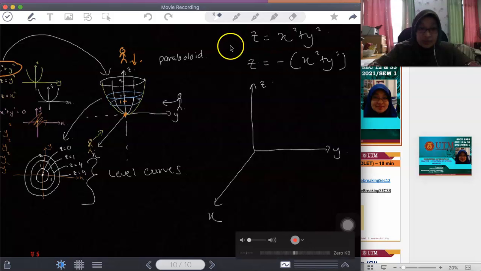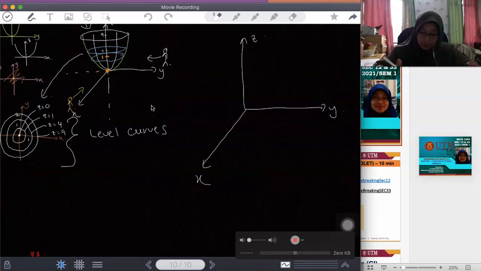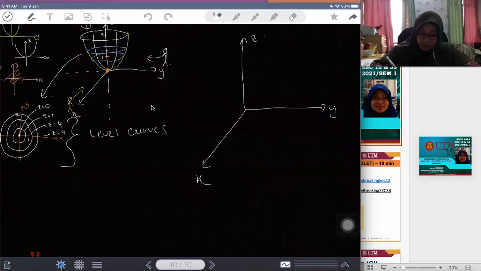By resketching from the surface that you obtained here, which is a concave up bowl, now you have to draw a concave down bowl. So it looks something like that.